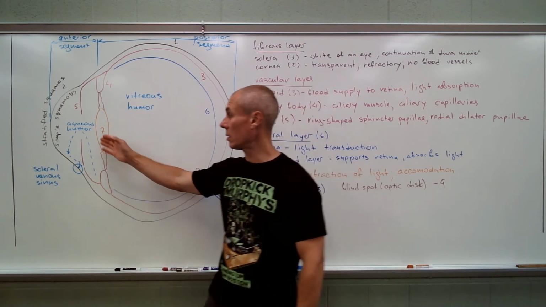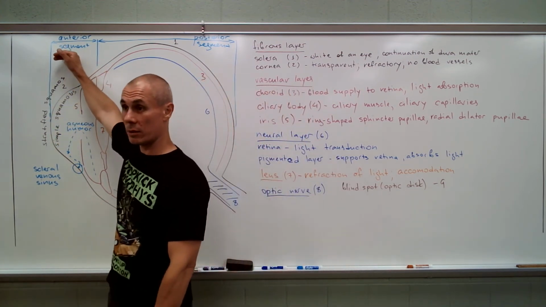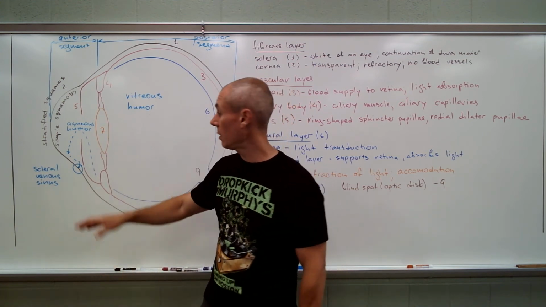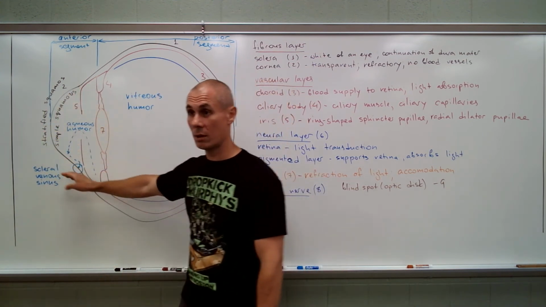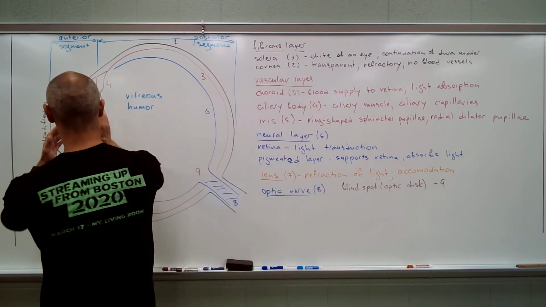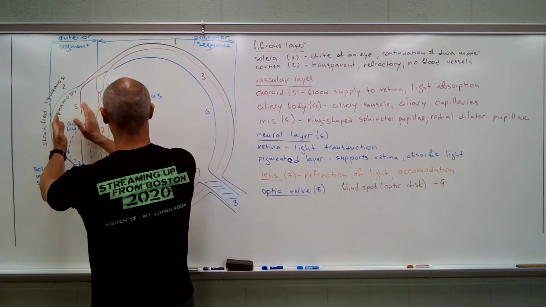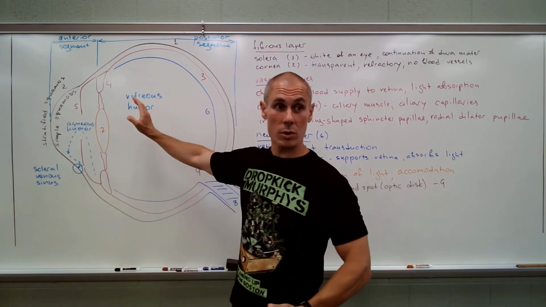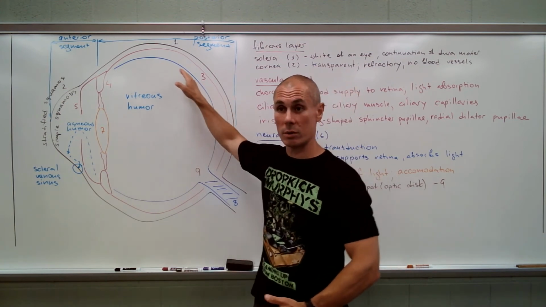If it's impeded, it starts to accumulate in your anterior segment. Are you following? As it accumulates, the pressure in the anterior segment increases, and this pressure is transferred onto the vitreous chamber, into the vitreous humor. And vitreous humor presses on the retina.